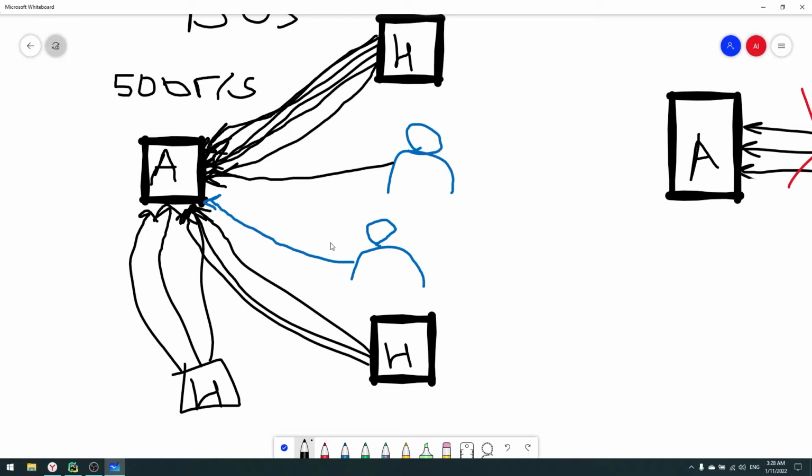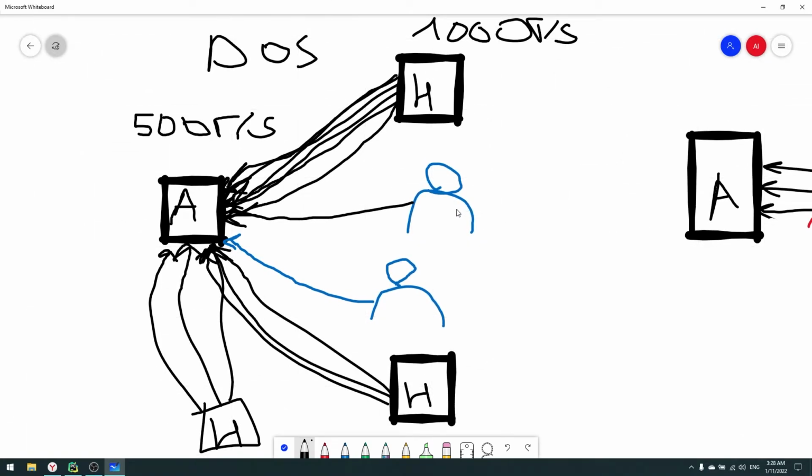We can't simply ban the whole net, because we don't know who is the real user and who is the hacker. We could ban everybody, but that would ban the normal users too. What we need to do in that case is analyze the traffic and ban only the bots of our attacker. And that is much more difficult. So yeah, that's kind of what it is.